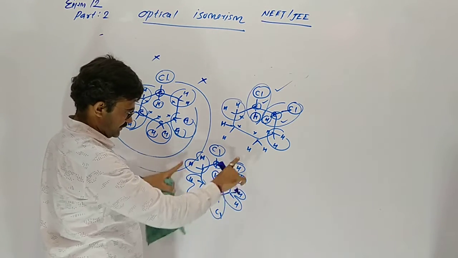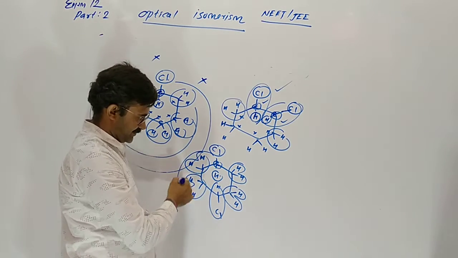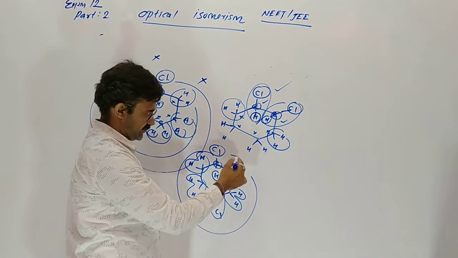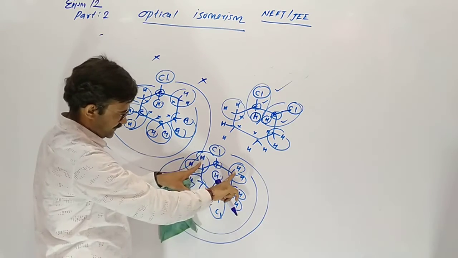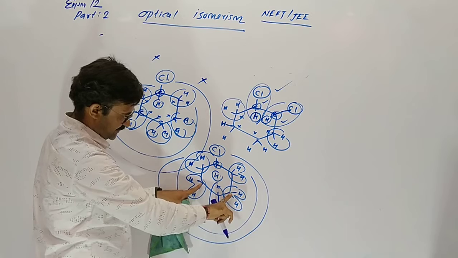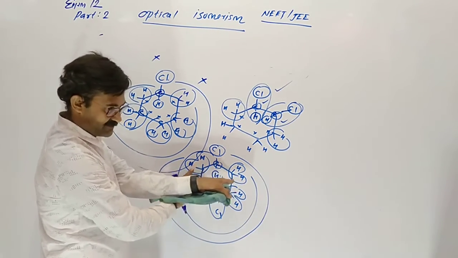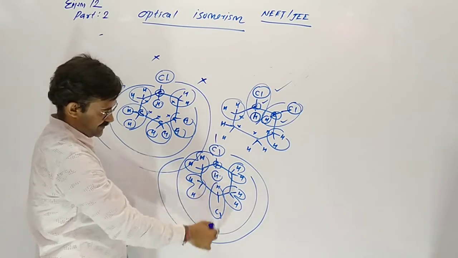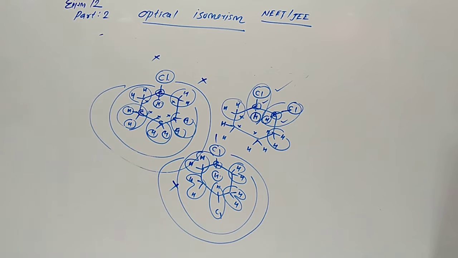Here CHCl, CHCl same, CH2, CH2 same, and these are symmetric. So this is not optically active.